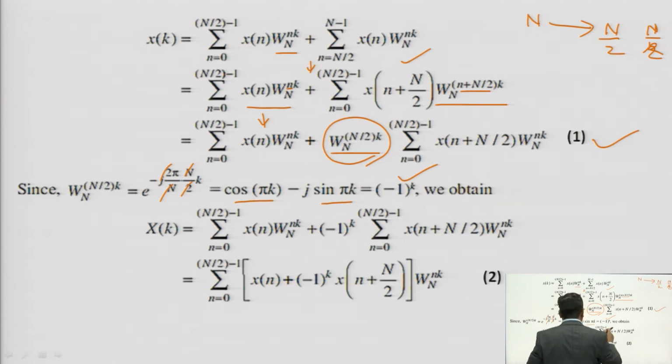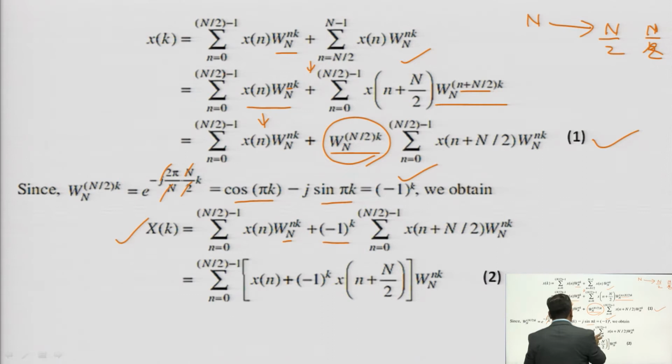Now, you have to put the value of this here, minus 1 to the power k. So, your equation number 1 becomes X[k] is equal to summation n = 0 to N/2 minus 1 of x[n] W_N^(nk), plus, putting the value here, minus 1 to the power k summation from n = 0 to N/2 minus 1 of x[n + N/2] W_N^(nk).